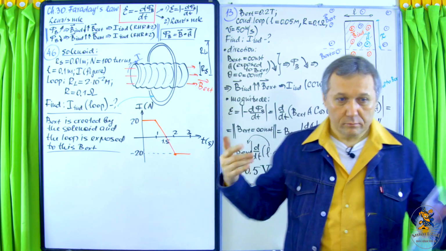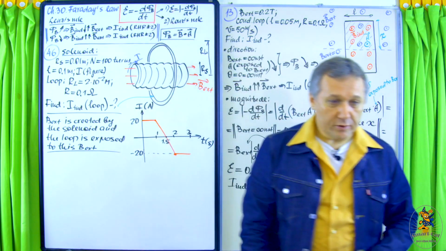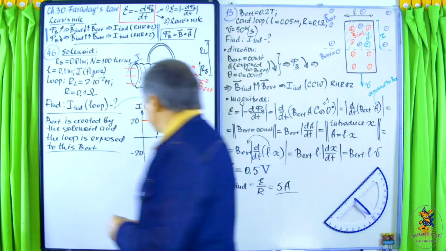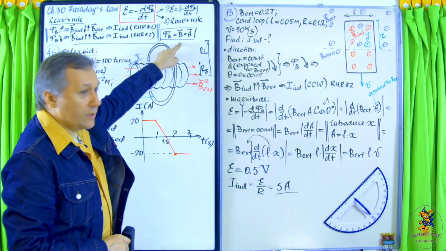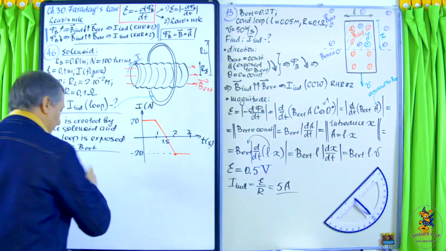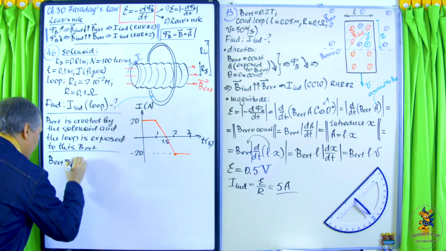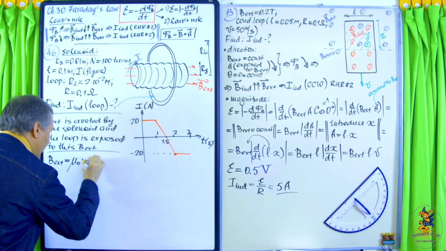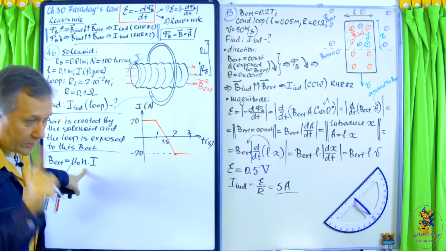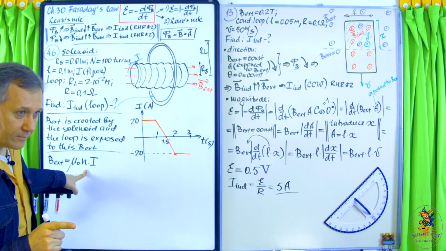Now, flux, and then shove it into Faraday's law, right? But first, let's do it step by step. Expression for the magnetic field, quiz number 5: B external is mu naught n small times I. N small, again from quiz number 5, is the number of loops per unit length.